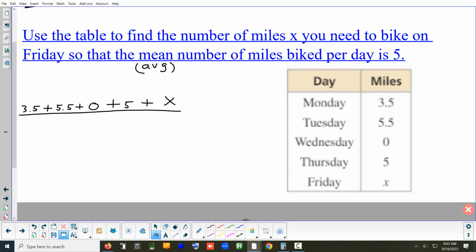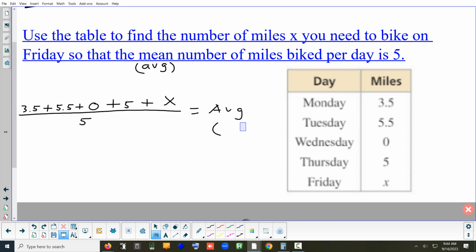Because you're adding up 5 numbers, you divide by 5. What does that give me when I add them all up and divide by 5? I'm finding the average.